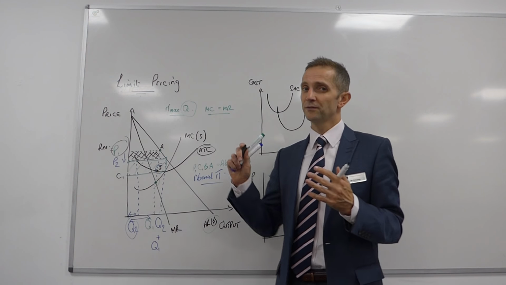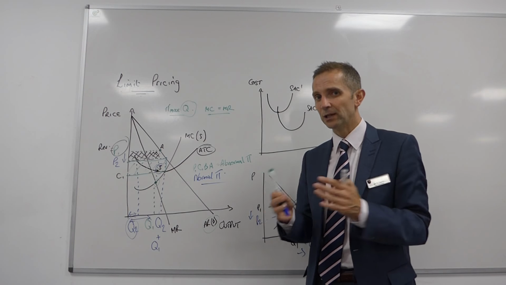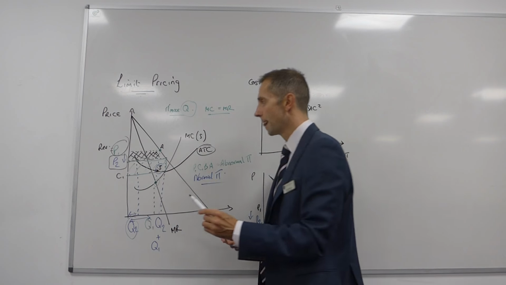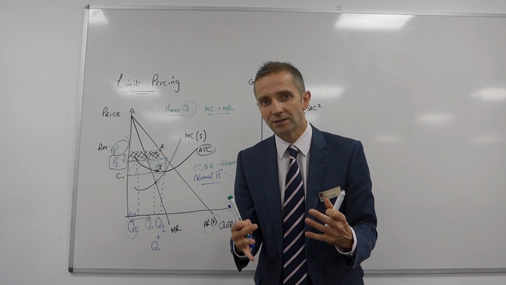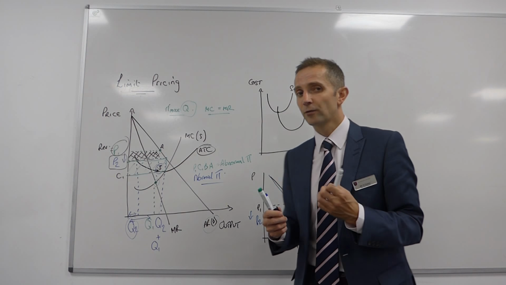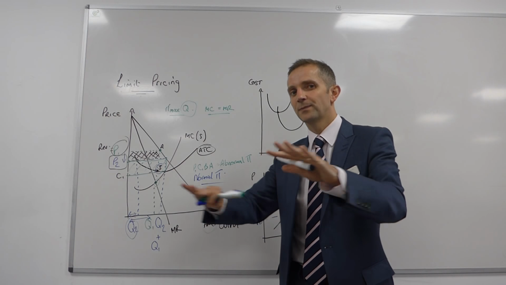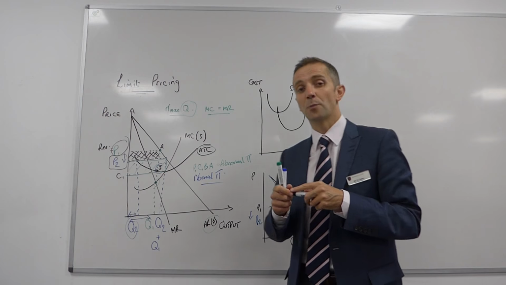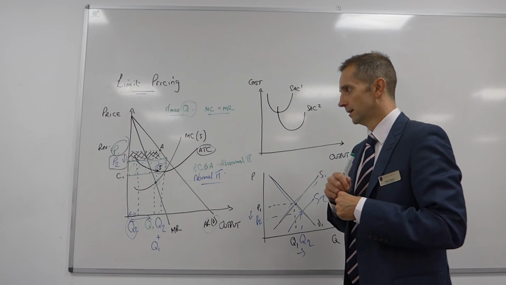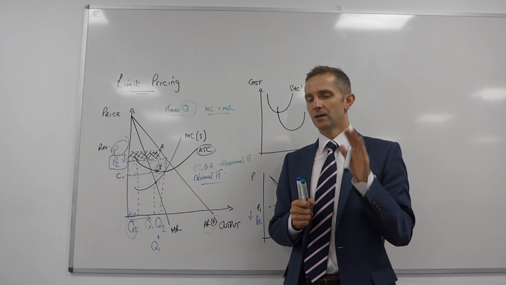So this whole notion of limit pricing is suggesting, well, maybe it would be more sensible in the longer term to charge a price of P2, thereby not attracting the new firm, and therefore retaining market share and keeping all of the profit for yourself and not having to split it with other competitors who may be encouraged and incentivized into the market. So that's the general gist of that theory, and just a couple of things to finish on.